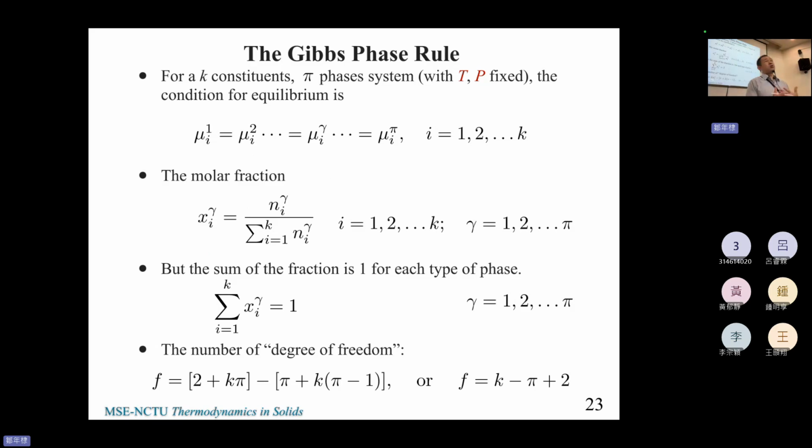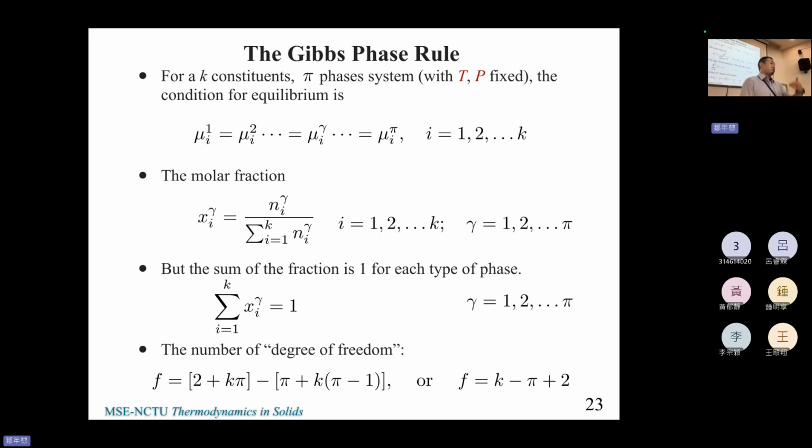Okay, well, just related to the phase. Okay, if you have constituents K and pi phases, so if you have such many materials, different material, and each of them has pi systems, phase system.